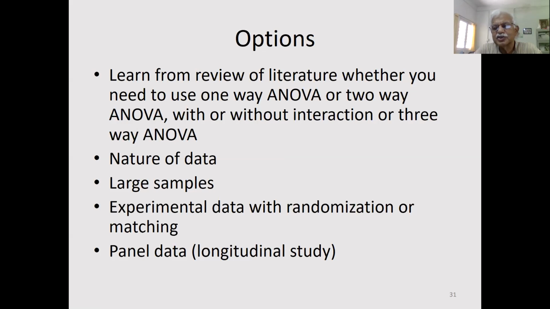Suppose your data shows variations according to one variable only, then you can apply one-way ANOVA. If you have data on two independent variables and your data come from a survey, then you can go for two-way ANOVA. Similarly, if literature shows that interactions between two independent variables are also important, then you can go for two-way ANOVA with interaction. You can have three-way ANOVA.